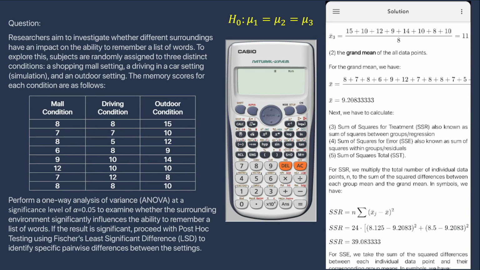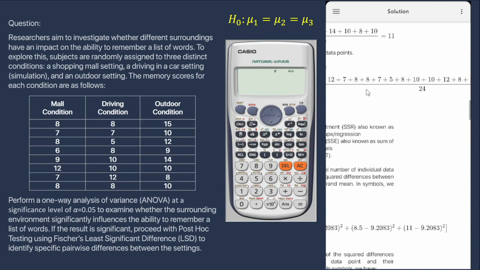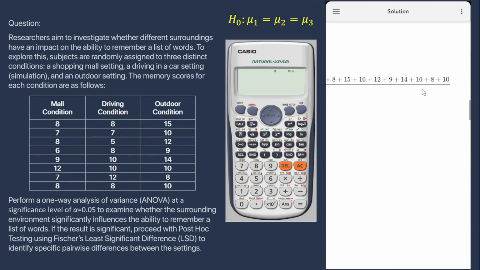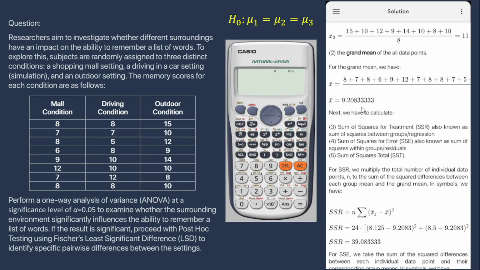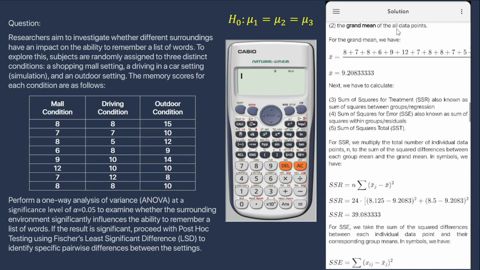Next, we will calculate the grand mean. In other words, we will take the average of the 24 individual data points coming from the 3 samples as shown here. Our grand mean is equal to 9.2083333.